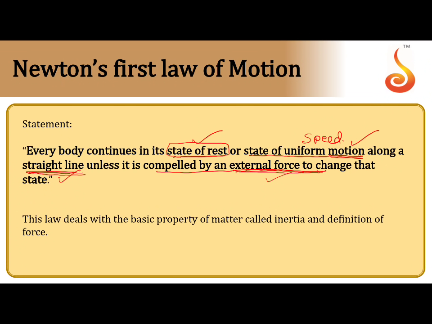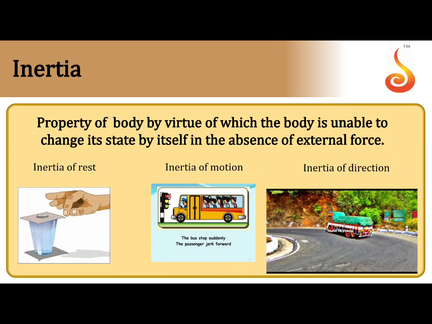Now, the cause for this is a basic property of matter which is called inertia. Inertia makes the body remain at rest or continue its uniform motion along a straight line. What is this inertia? Inertia is a property of a body.